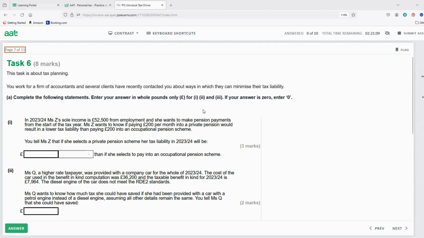Hopefully you have taken a picture of the first two parts of this question, which is part A1 and part A2.